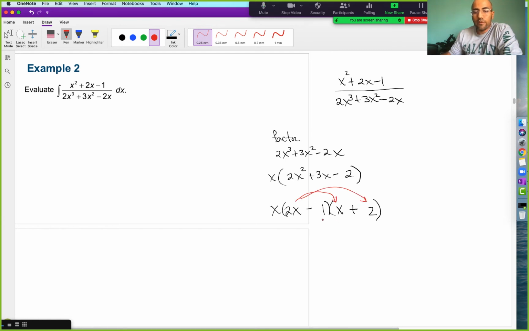If you FOIL this thing, we end up with 2x squared plus 4x minus x minus 2, which gives me 2x squared plus 3x minus 2. Good, and that's what I wanted.